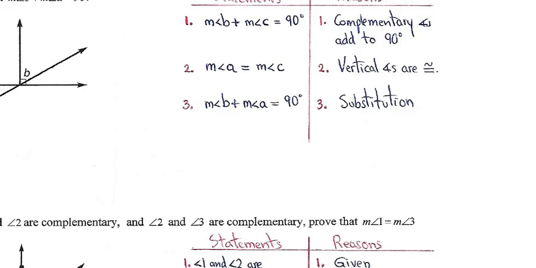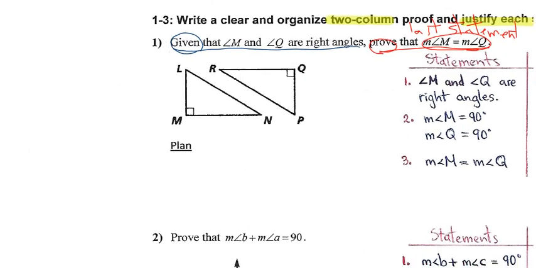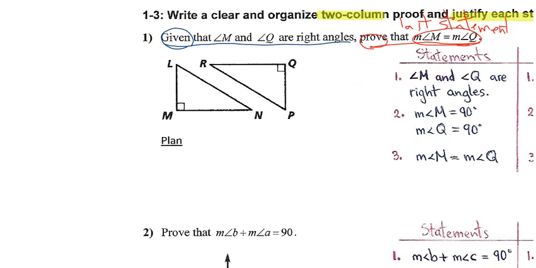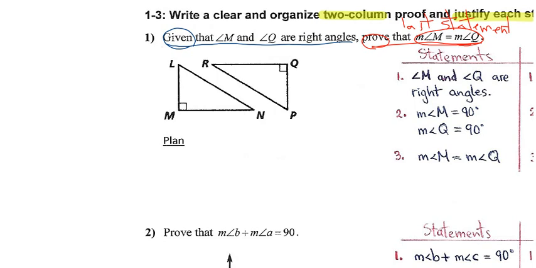So let me hide the proof because we're going to start from 0. So we'll analyze the diagram that we have and the givens that we have and see what can we get from the information that is given to you. So we're going to plan, first of all, here in this space that we have.